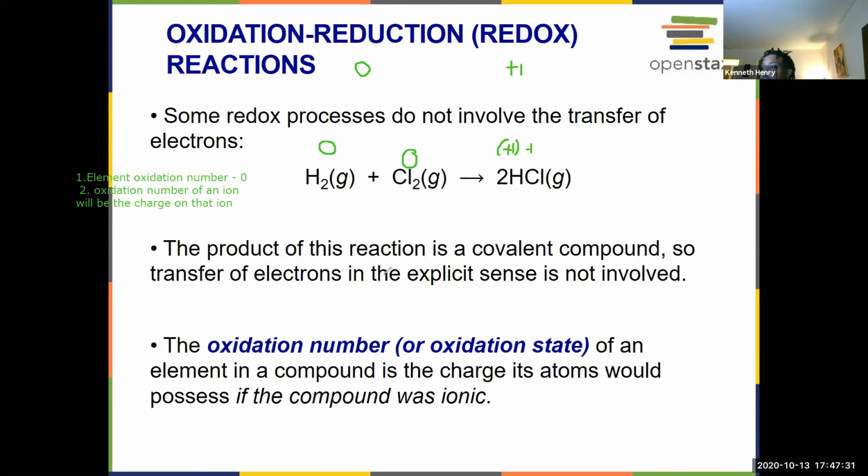So if we did these half reactions, we'd have H2(g) yielding, and then Cl2 plus 2.